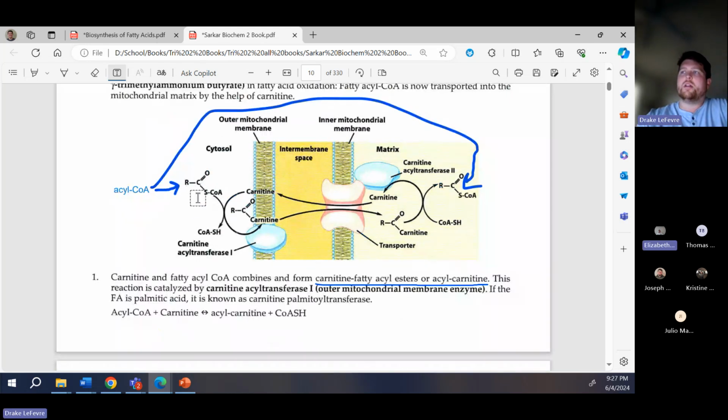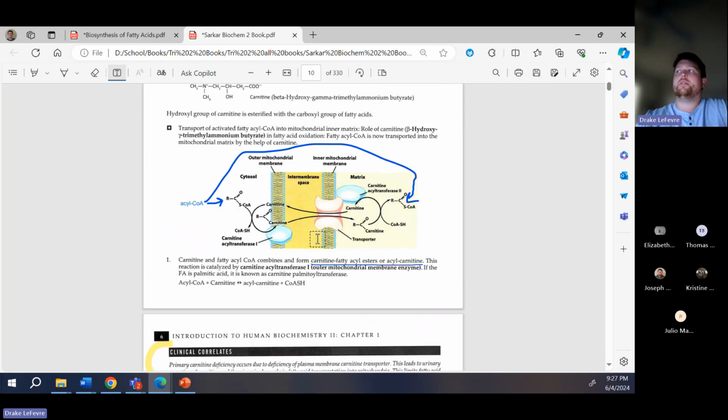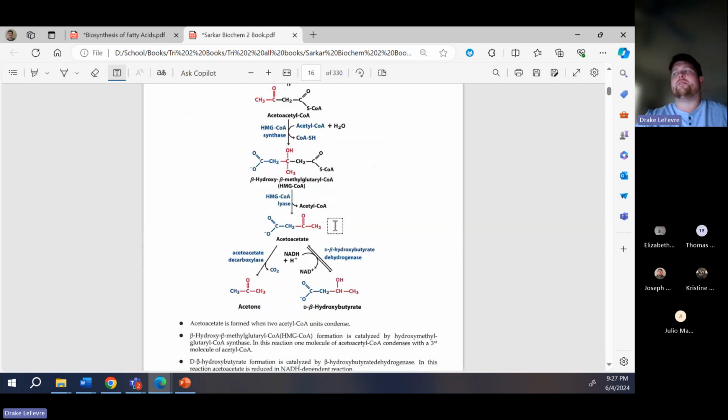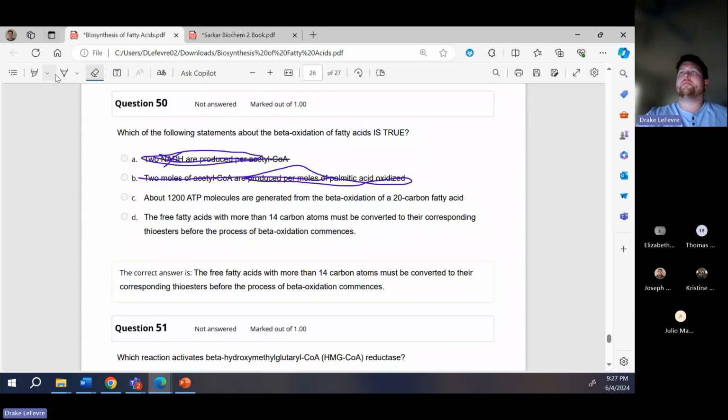It turns into an acyl-CoA so that it can go with carnitine acyltransferase 1 and then carnitine acyltransferase 2 to get into the mitochondrial matrix if it's more than 14 carbons long, because that is just too big for it to pass through uninterrupted.